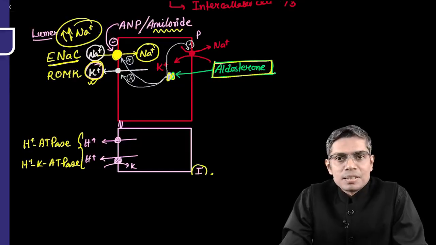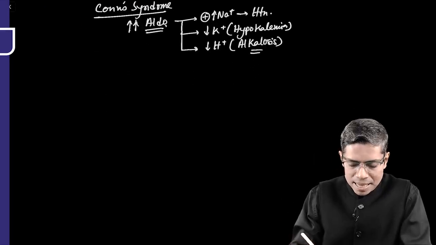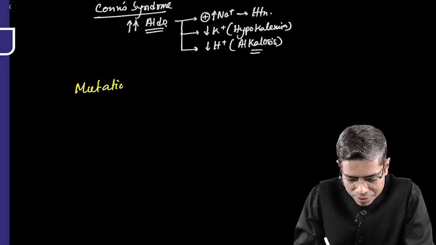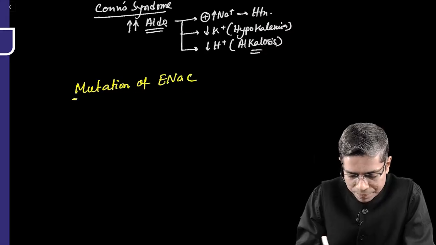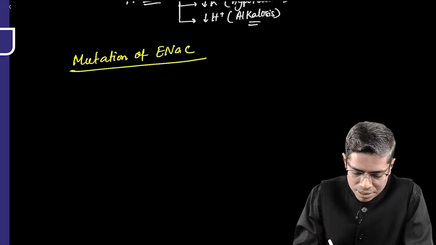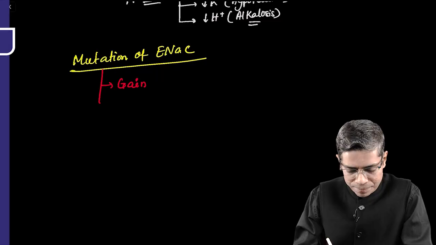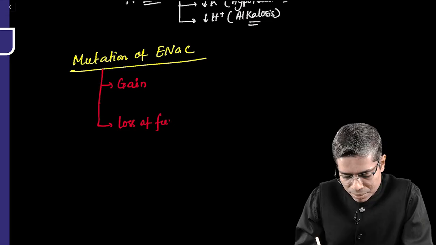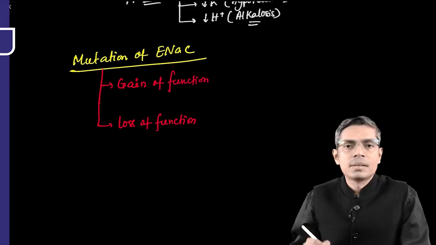Now look at certain mutations. The mutation of the ENaC channel, very, very important. Two types of mutation are possible: gain of function mutation and loss of function mutation. After mutation, there may be gain of function of this ENaC channel.